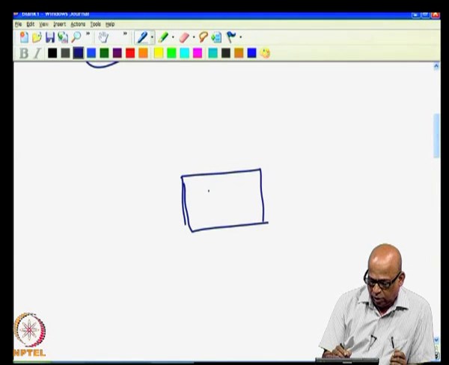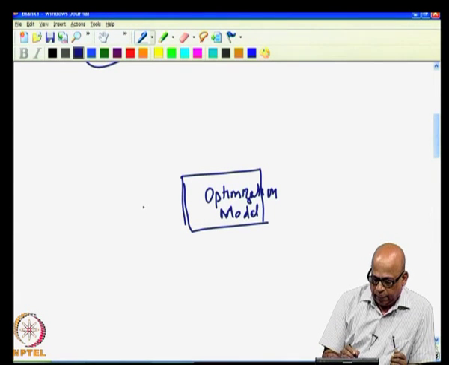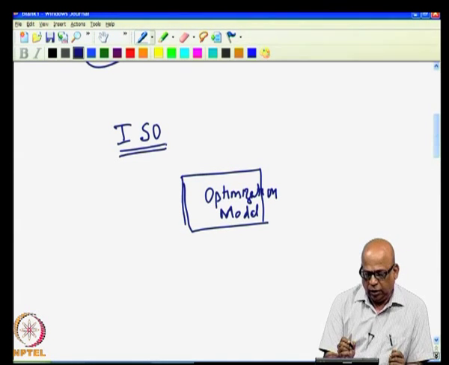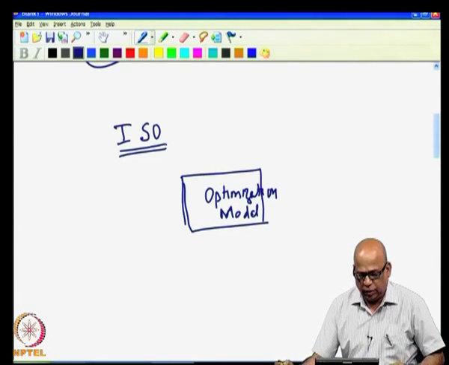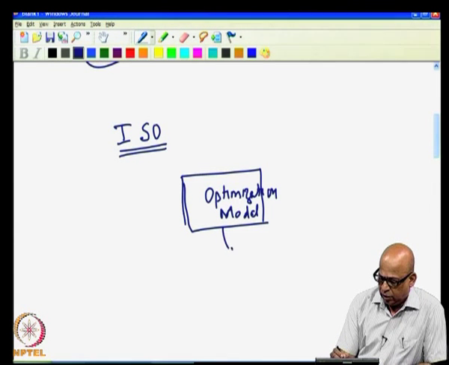Let us say you have the optimization model here. In the implicit stochastic optimization, denoted as ISO, the optimization model itself remains deterministic.